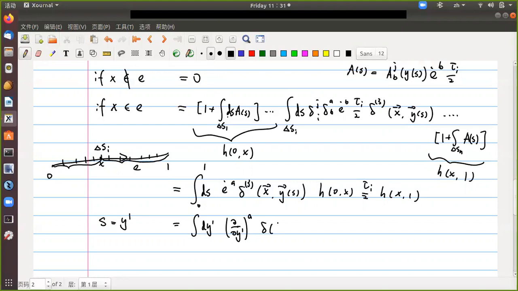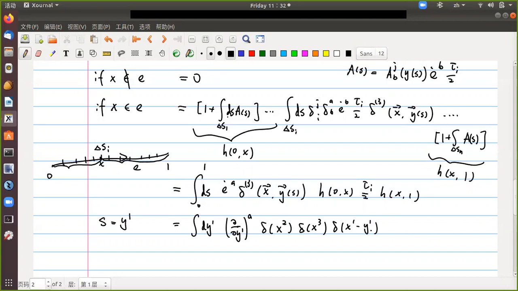And you have a delta function, which you can again write explicitly as a three-dimensional delta function. So this is delta x2, delta x3, delta x1 minus y1.